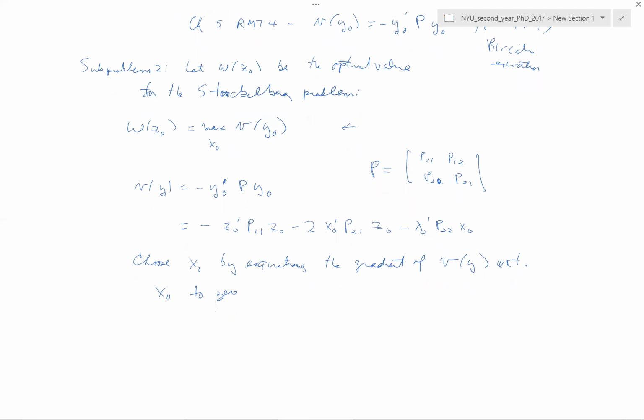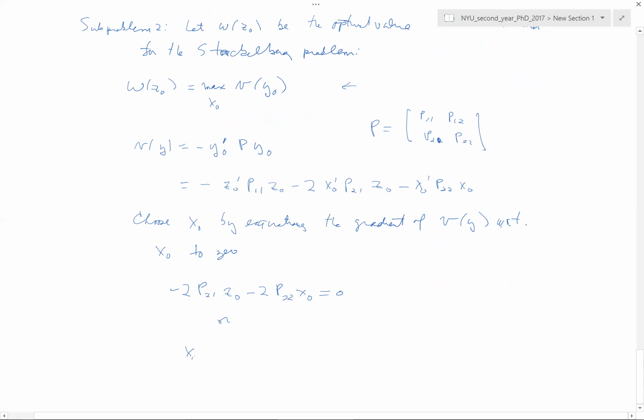And I get this equation. Let's just take the derivative using our formulas for differentiating. Here's our equation: X0 equals minus P22 inverse P21 Z0. That's my formula.